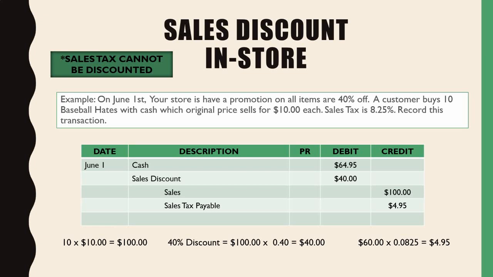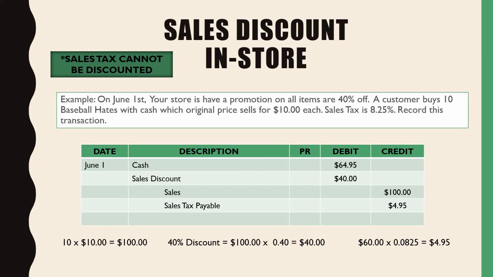We're going to subtract the discount, which will give you $60 left. And that $60 is the actual amount that you can charge tax on. You cannot charge tax for the $100 because you didn't sell $100.